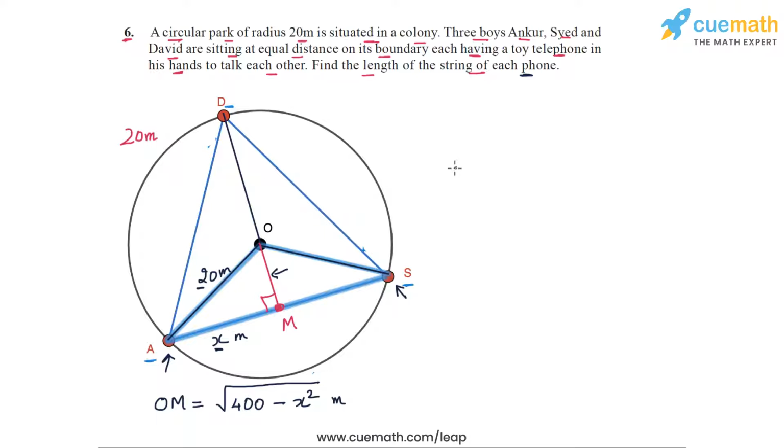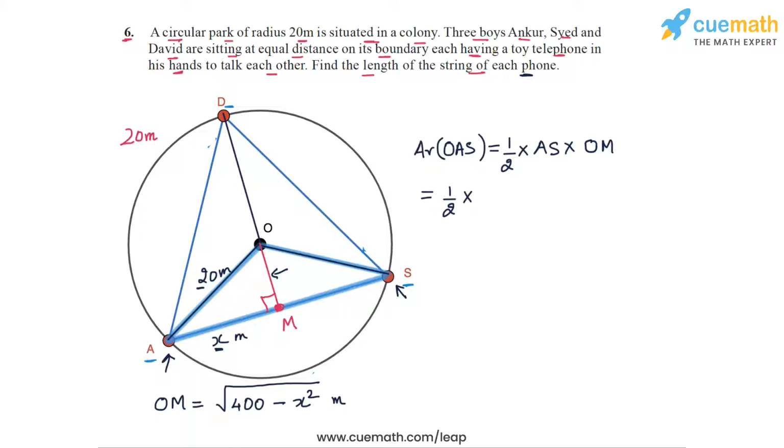Now we can write the area of triangle OAS, because we have an expression for AS as well as OM. So area of triangle OAS will be half into the base AS into the height OM. Let's plug in the expressions in terms of x.